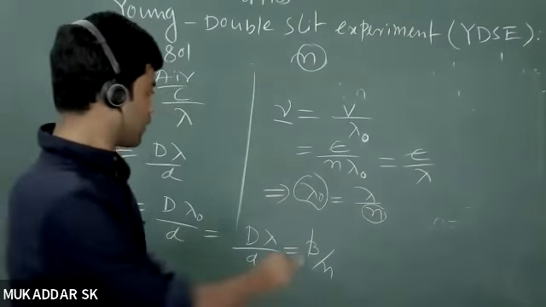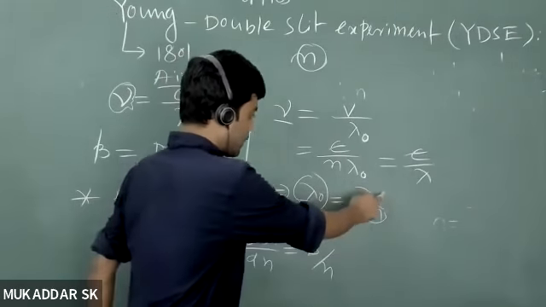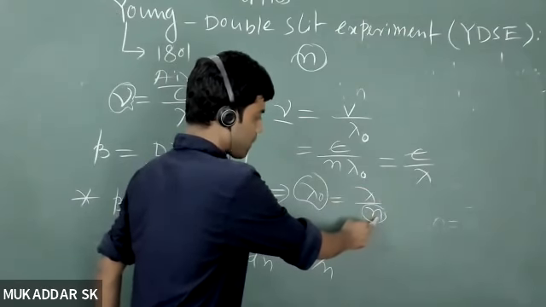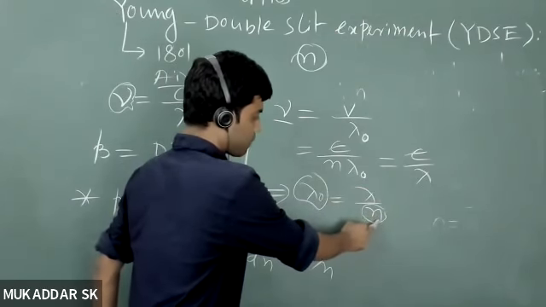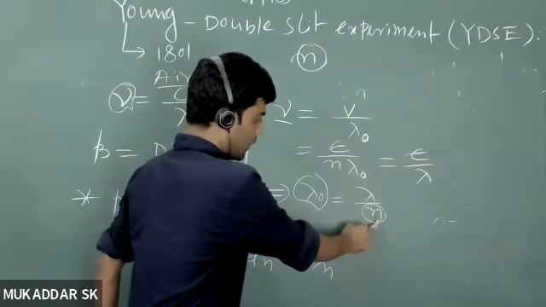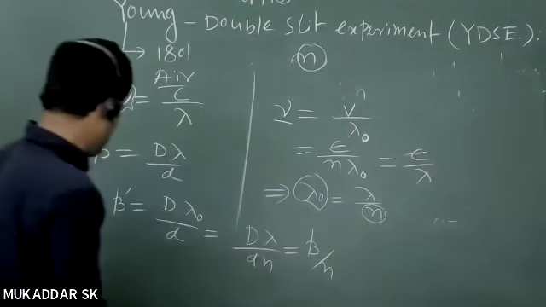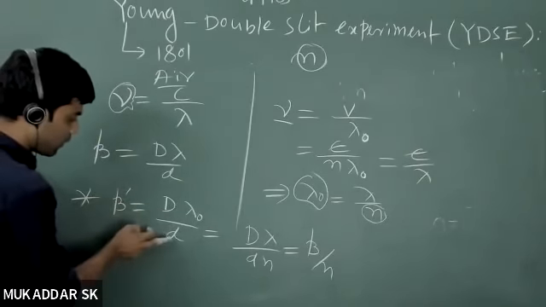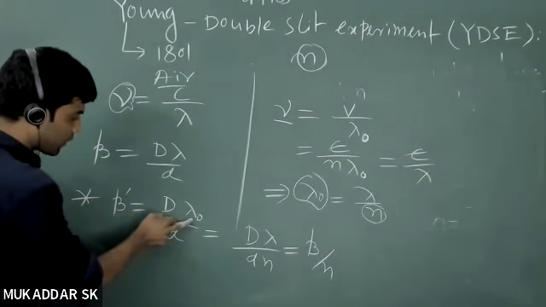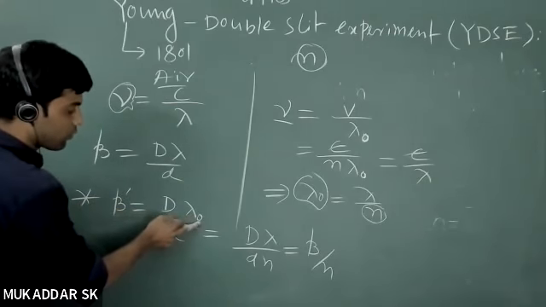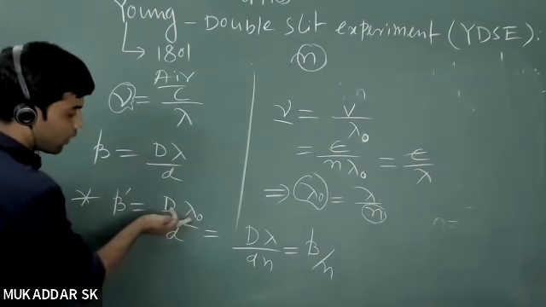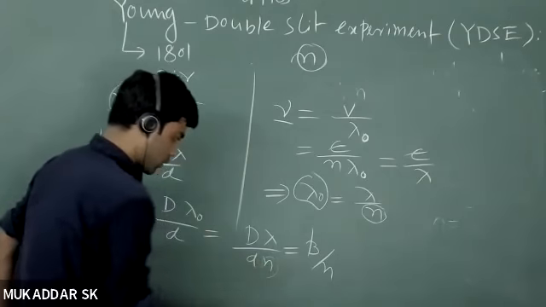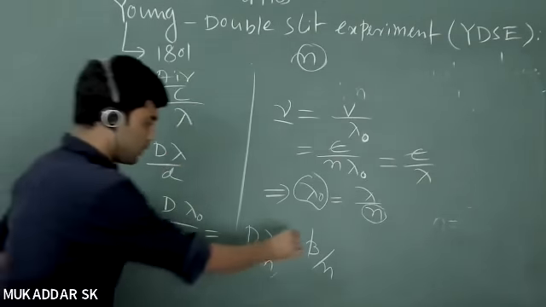You can calculate that in terms of wavelength of light in air divided by refractive index of oil. So for oil, the fringe width beta dash will be D lambda O by small d. In place of lambda I will use lambda O, because it changes. Now you can calculate lambda O in terms of lambda using the refractive index. So now fringe width beta dash will be beta by n.